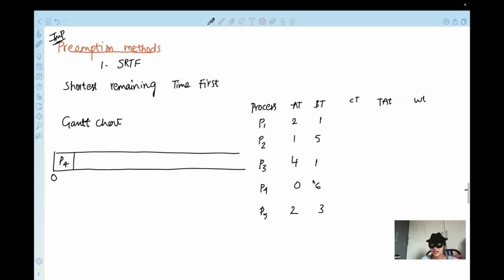But here, in the preemption method, the main agenda is the interrupt. While one process is running, there is an interruption, that means another process gets into the CPU. So here we will take only 1 unit of time of each and every process.